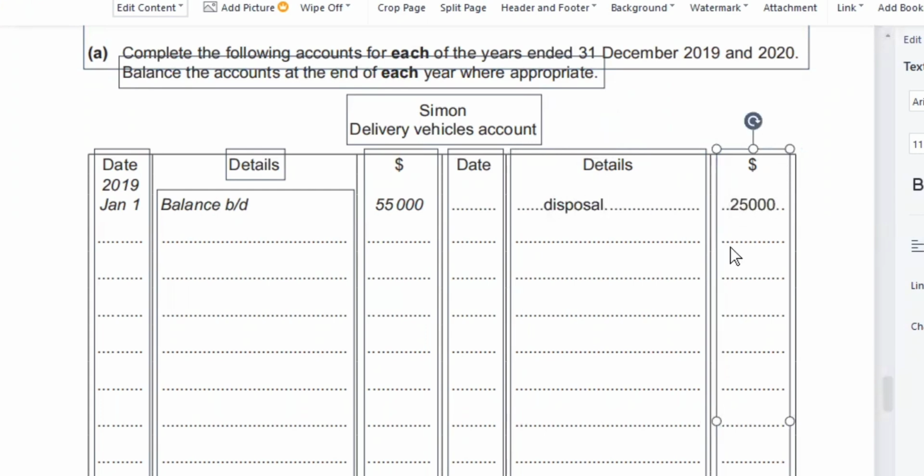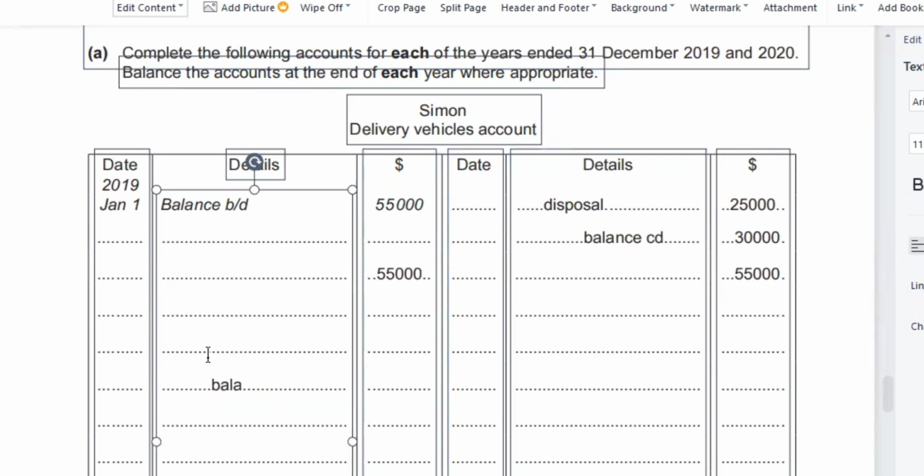So the net will be the balance sheet figure, that will be 55,000 minus 25,000, that will be 30,000. Total was 55,000 and 55,000. Balance BD is 30,000.